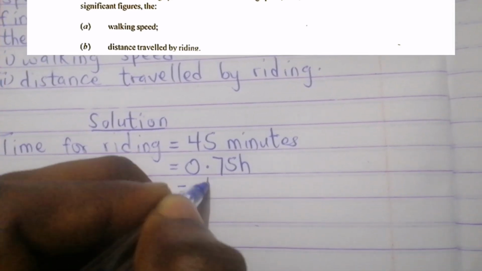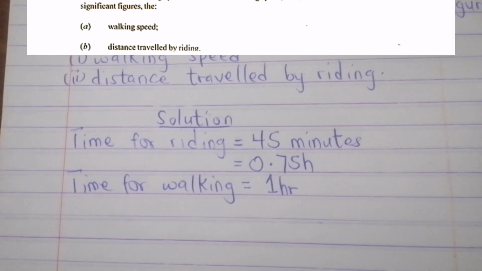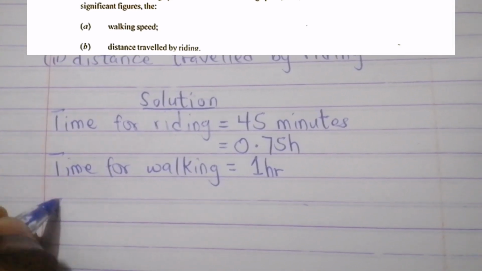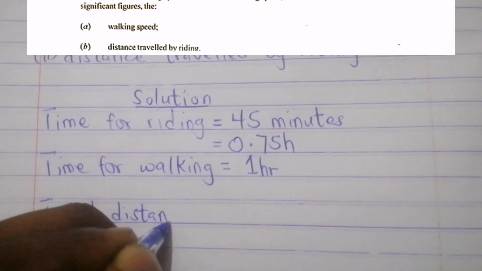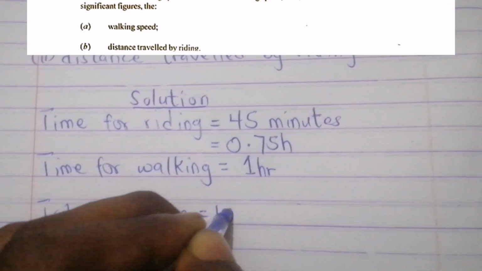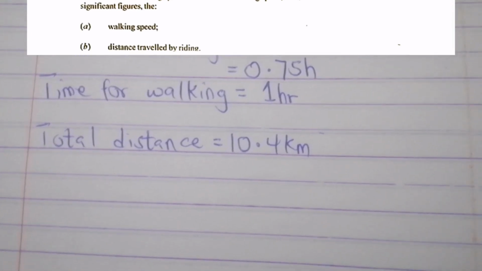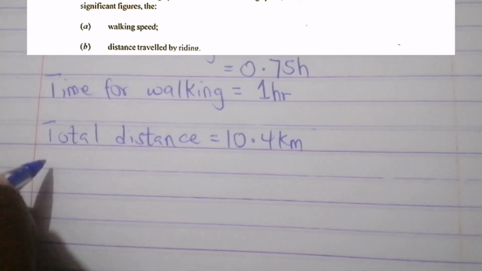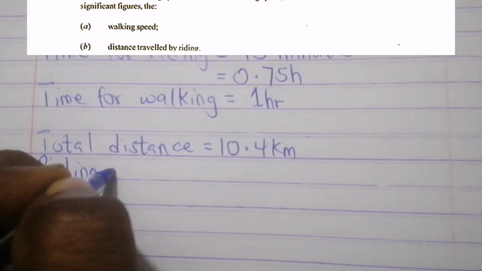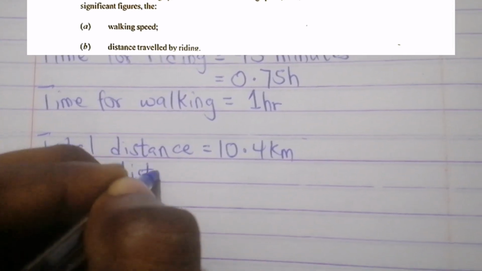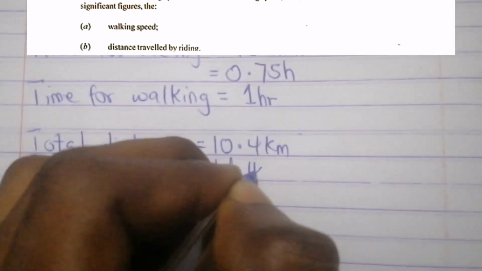Then the time for walking is also 1 hour. According to the question, there is a total distance of 10.4 kilometers, and this total distance is the sum of the riding distance plus the walking distance.